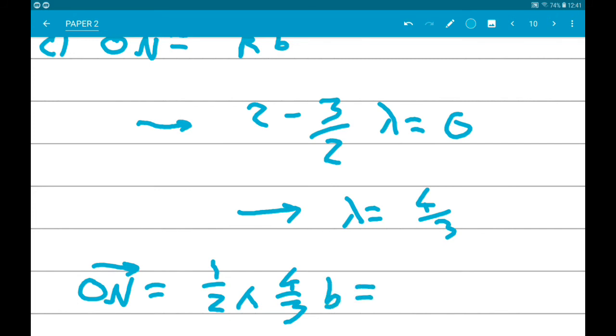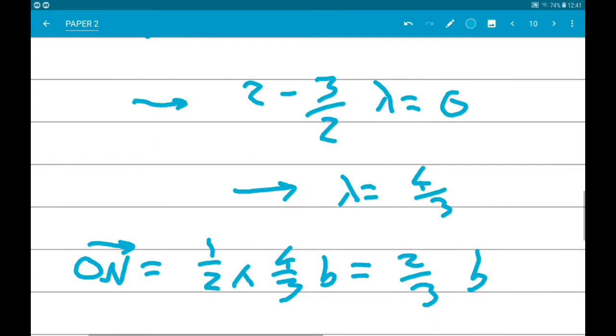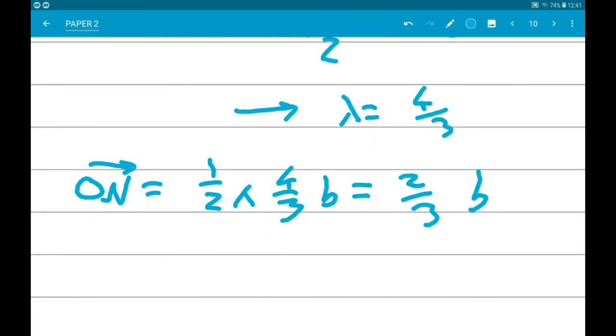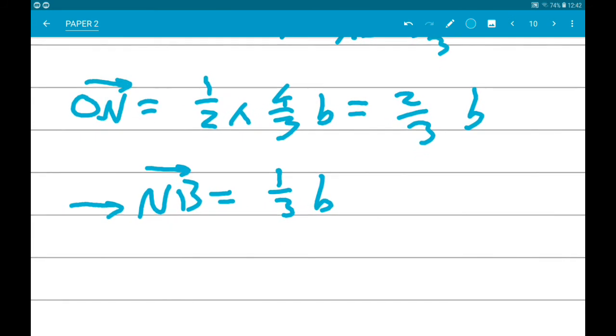Now that is 2/3 b. So that must mean that NB is 1/3 b. And therefore ON to NB is indeed 2 to 1.